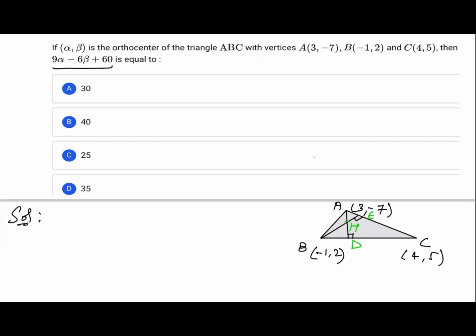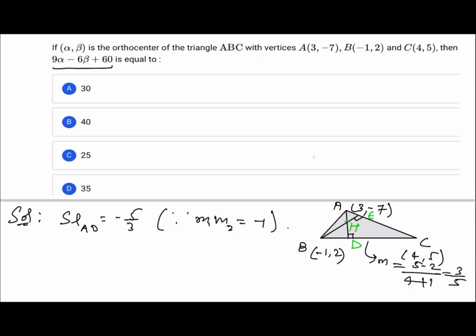I must have the slope for AD as well, but I don't have the slope of AD, but I have the slope of BC. Slope of BC is 5 minus 2 upon 4 plus 1, which is 3 by 5. So I can say slope of AD is minus 5 by 3 because m1 m2 is equal to minus 1, if AD and BC are perpendicular, right?